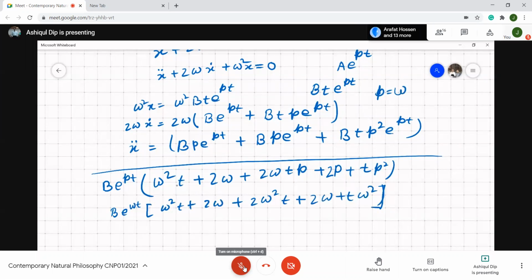So what can we factor out from here? T. T plus 1, I believe, right? No, one plus t. So let's see what we can factor out.